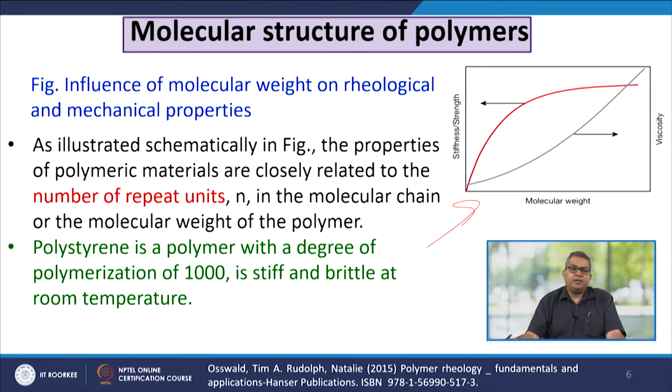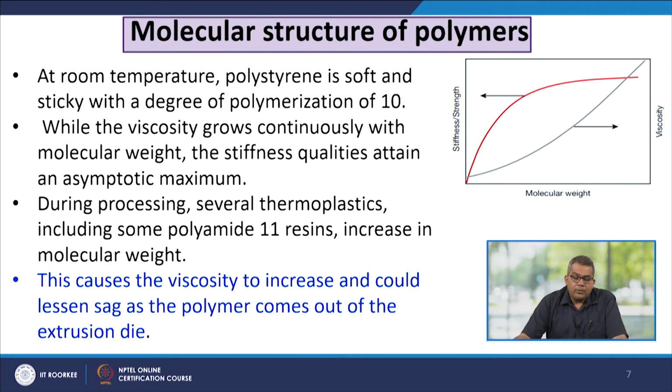So polystyrene, a polymer with a degree of polymerization of 1000, is stiff and brittle at room temperature. At room temperature, the polystyrene is soft and sticky with a degree of polymerization of 10, while the viscosity grows continuously with molecular weight.